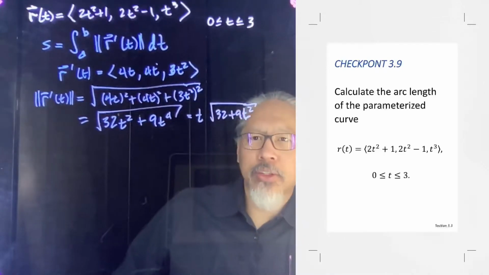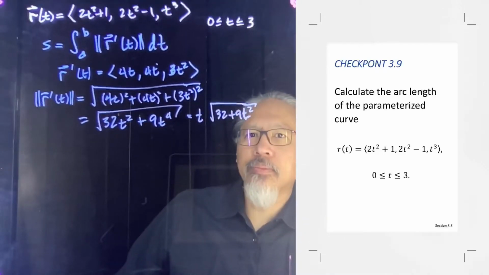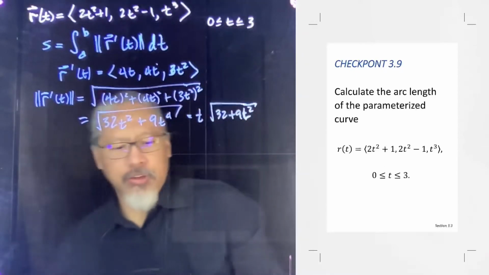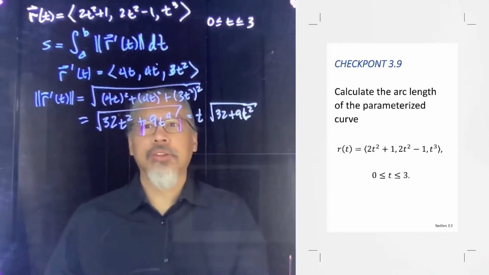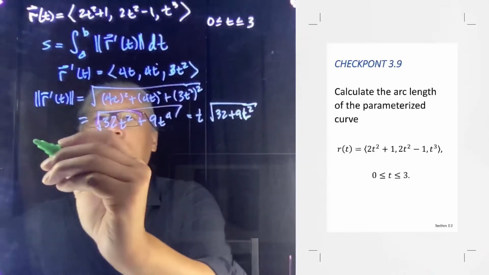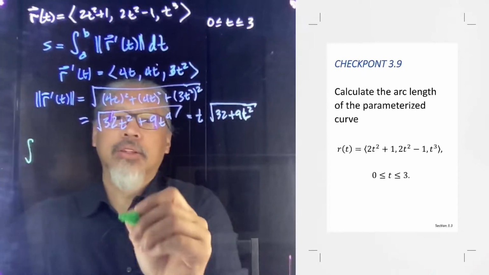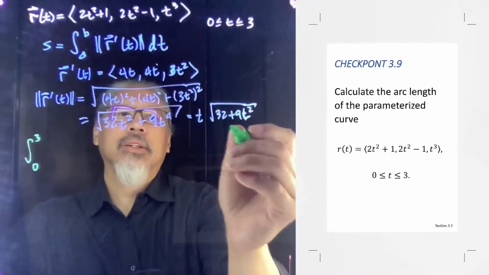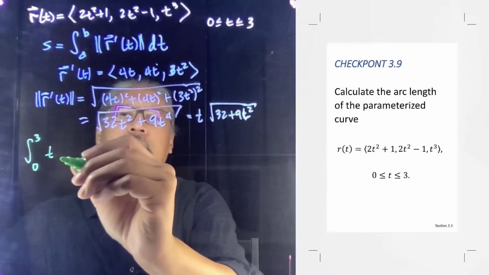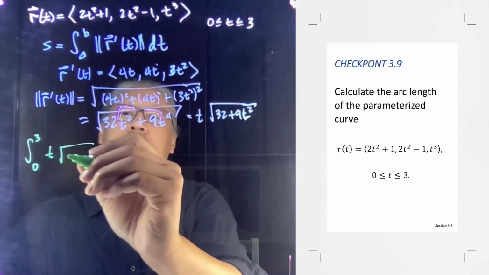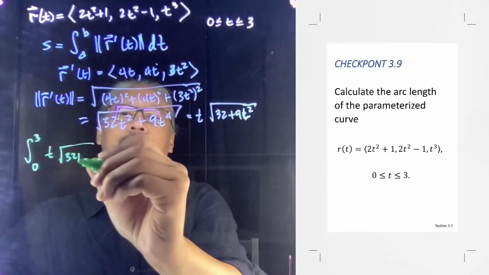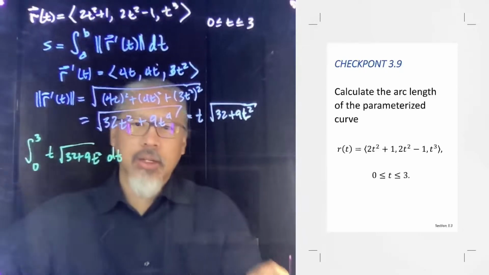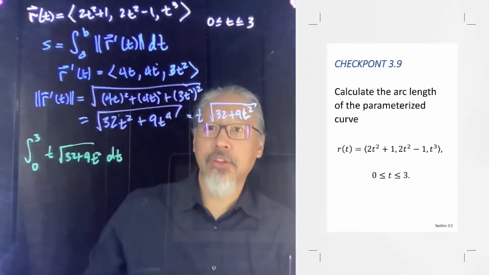Okay, this should give us something that we can integrate, because we have u substitution that we can work with. So our integral is going to be from 0 to 3 of this integrand. That's t times the square root of 32 plus 9t squared dt. And the u substitution should do it.